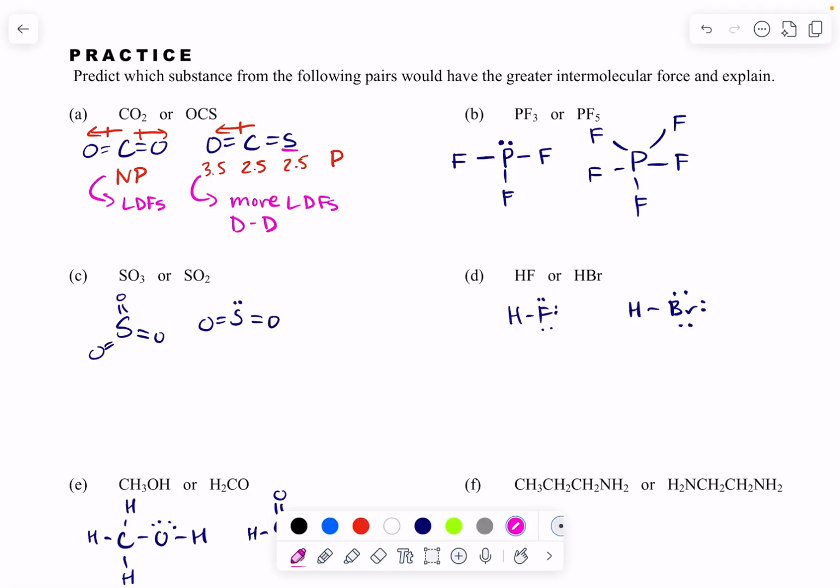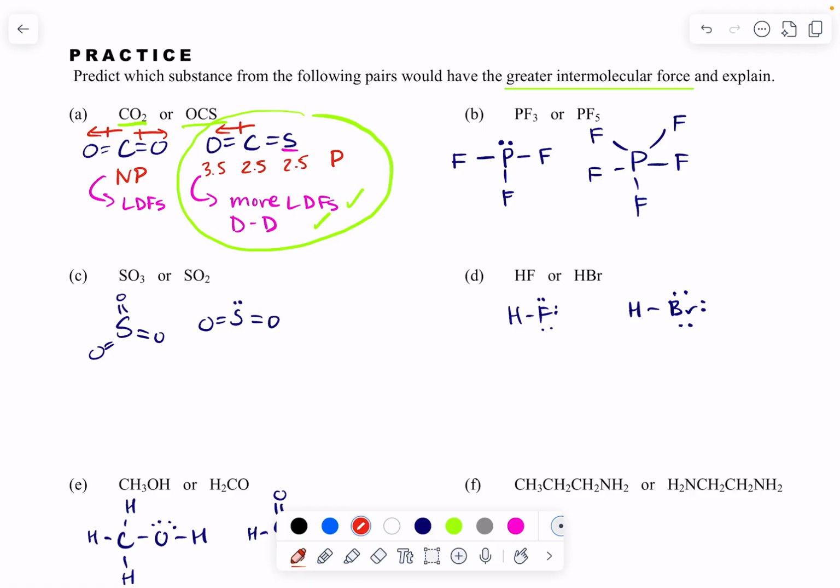As a result, I would argue that the one that has a greater intermolecular force has got to be this. And I'm using these as kind of my rationale. As a result, then, if we were to compare OCS and CO2, we know that OCS has a greater boiling point, melting point, surface tension, viscosity, essentially any physical property, excluding vapor pressure.